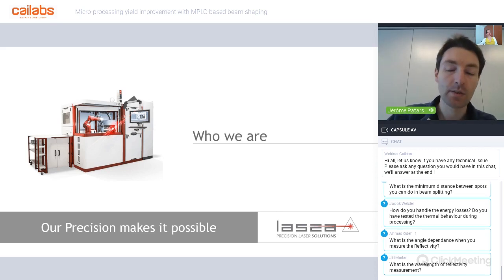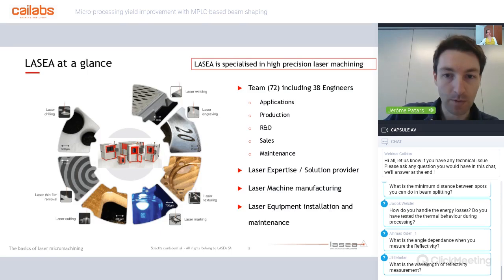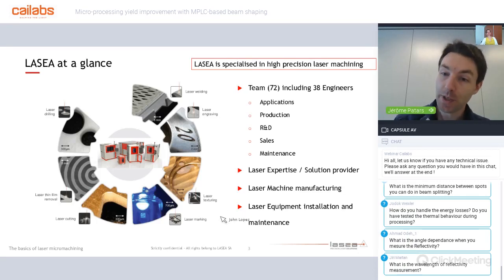In the next slide, you can see that LASEA is specialized in high precision laser micromachining. We build machines that are able to do a wide array of laser microprocessing, like laser drilling and laser cutting, in which we can obtain zero-degree conicity flanks thanks to our dedicated module, the LS presets, as well as doing thin film removal, as well as laser welding.